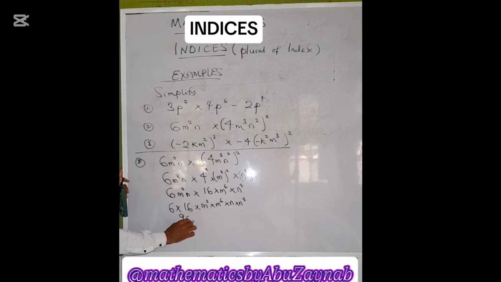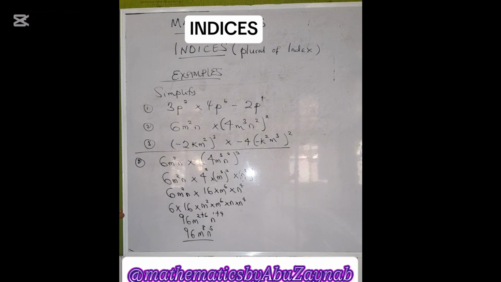So m, this is 2, 6, that's going to be plus 6 because this is times. Then n. Note, this n is power 1 here, so that's 1 plus 4, making your final answer m^8 n^5. And that is the solution to that question number 2.